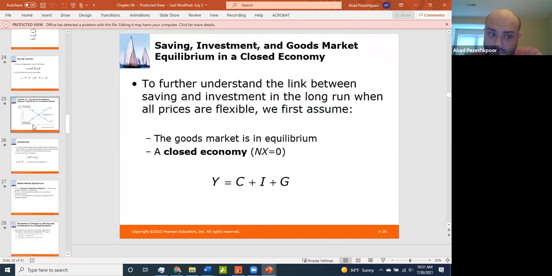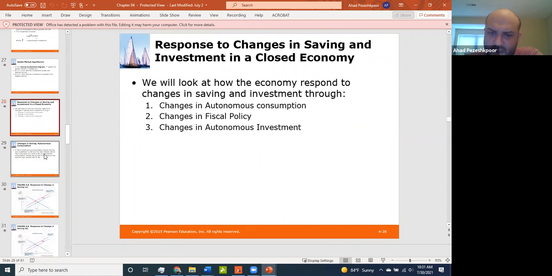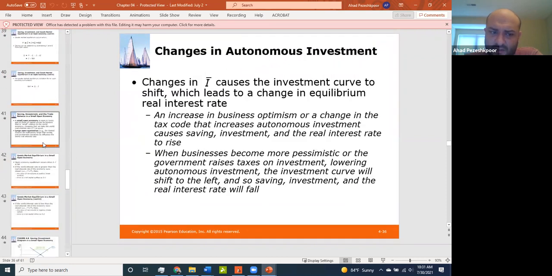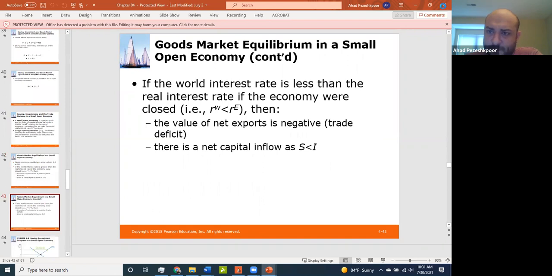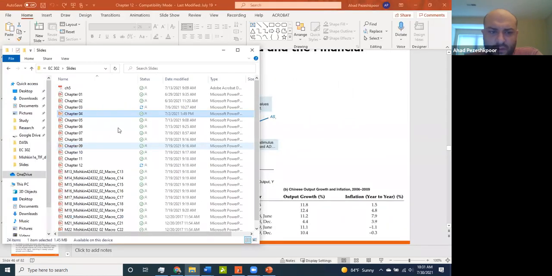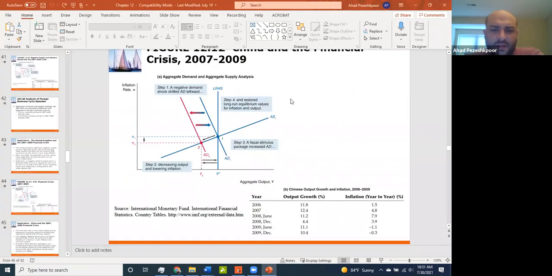Now, we covered all of this, like autonomous investment and consumption, changes in taxes, and all of that. All right, so chapter 3 and chapters 9, 10, 11, 12 we already recently covered, so you should probably be fine. Are there any questions?